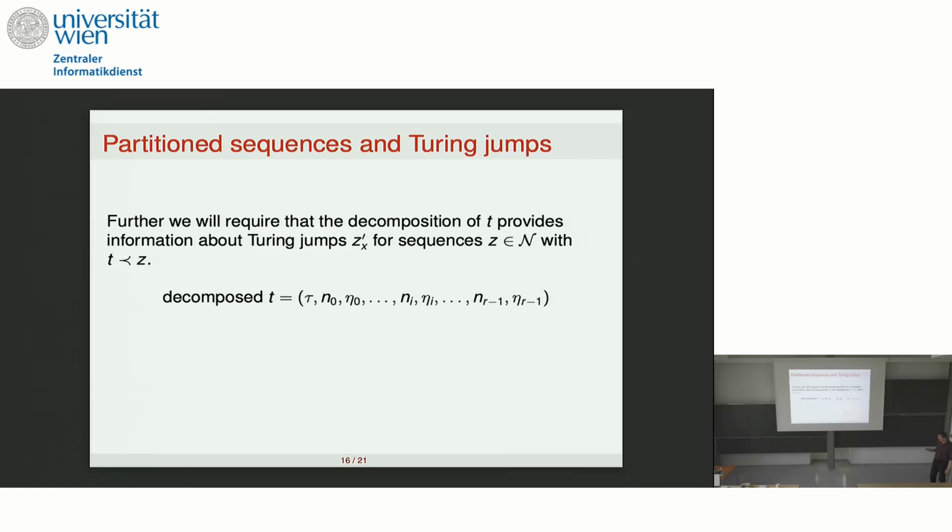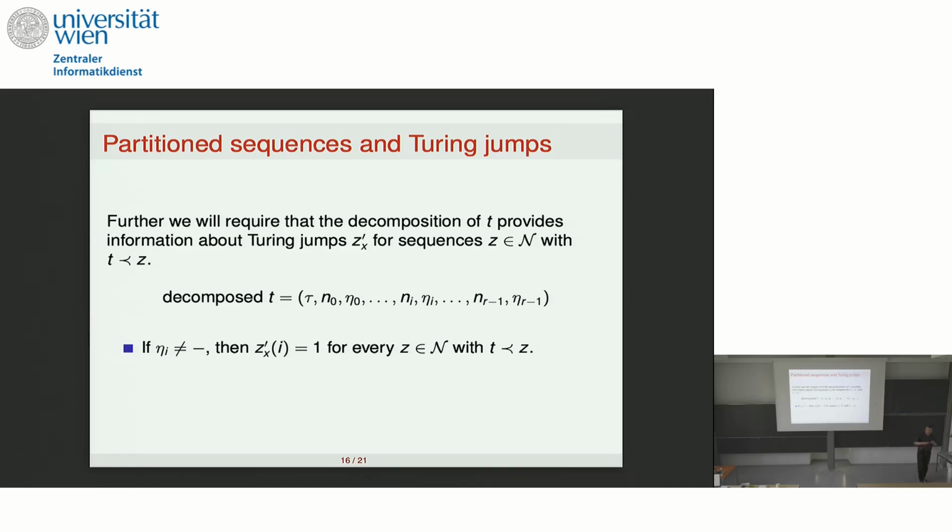So if we have tau and the corresponding decomposition here, and if some eta_i is different from minus, this means that the Turing jump with respect to X at position i is 1 for every Z which extends tau.